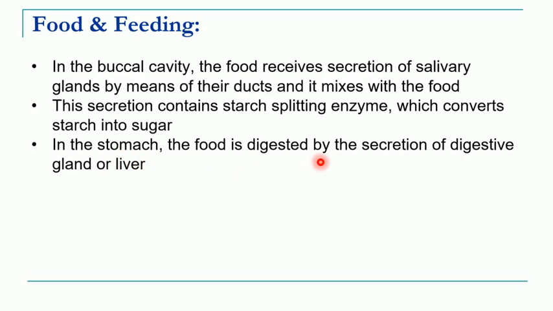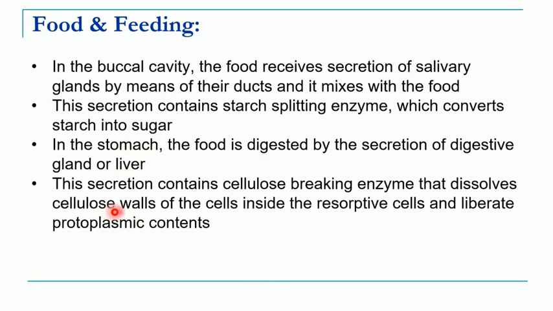Now the next digestion starts in the stomach. The food is digested by the secretion of the digestive gland or liver. This includes some secretions like cellulose breaking enzyme that dissolves cellulose walls of the cell. This process of breaking down cellulose takes place in the resorptive type of cells of the hepatopancreas or liver, and it liberates the protoplasmic content of this cellulosic material.